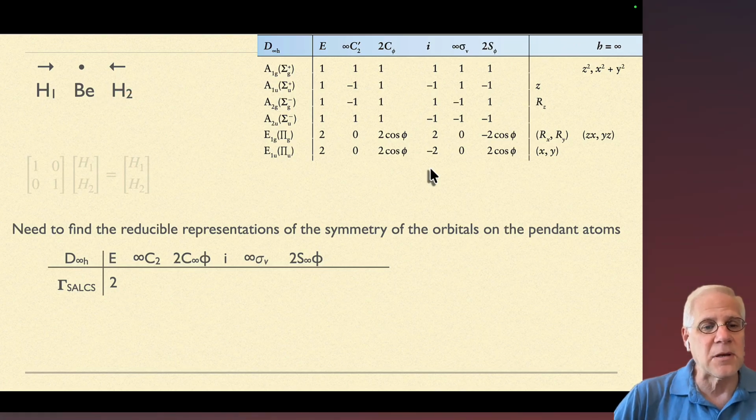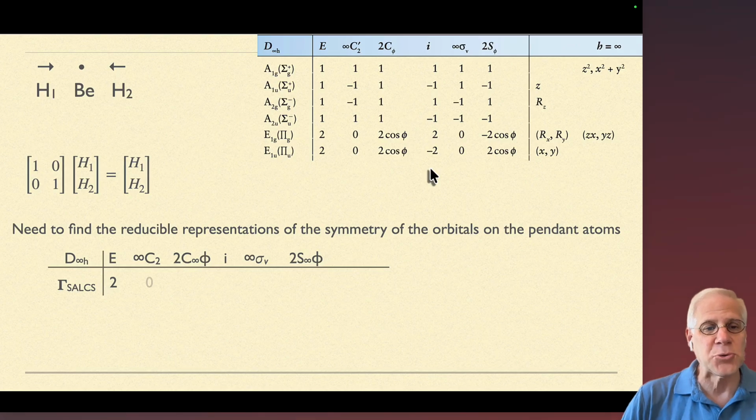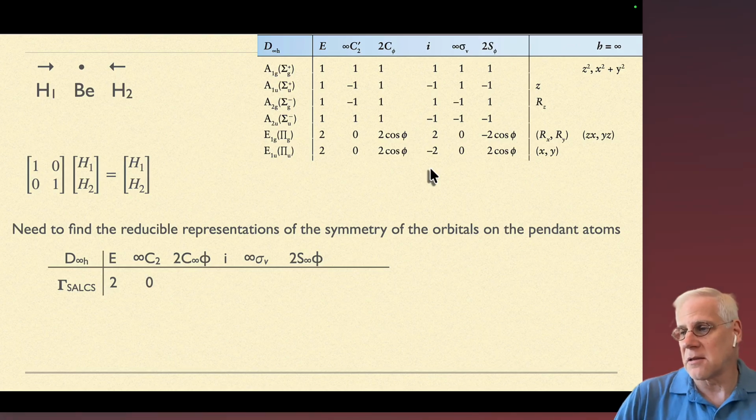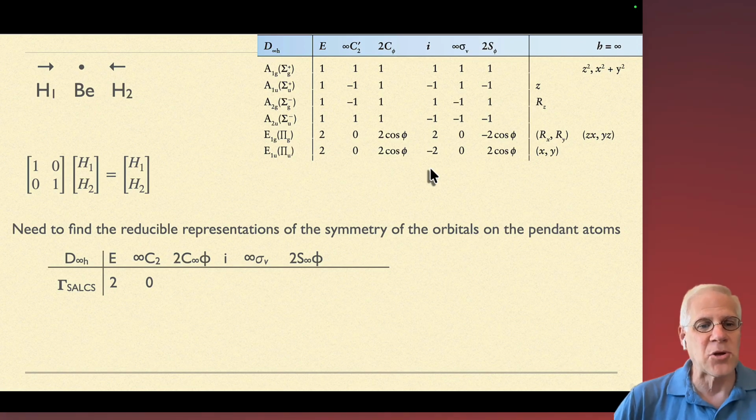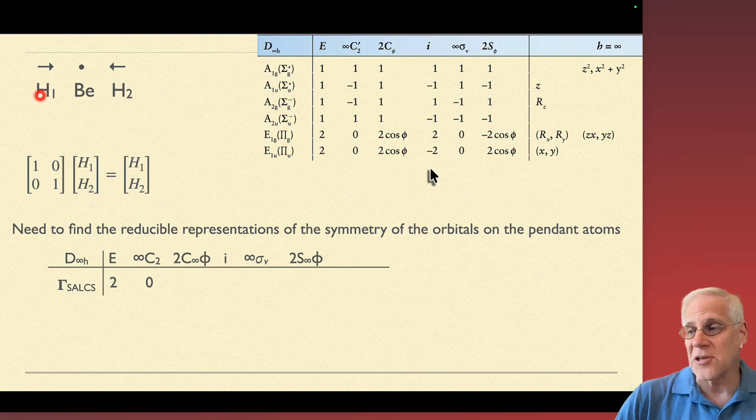I have an infinite number of C2s here, and they run perpendicular to this axis, but I could make a circle of perpendicular axes around here to rotate that molecule around. And so I have an infinite number of 180 degrees C2 operations I can do. However, every time I do any of them, the H2 is going to become H1, H1 is going to become H2, and so we end up with a 0 for our trace.